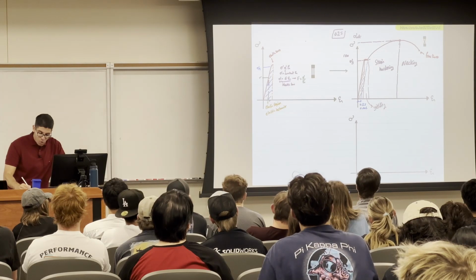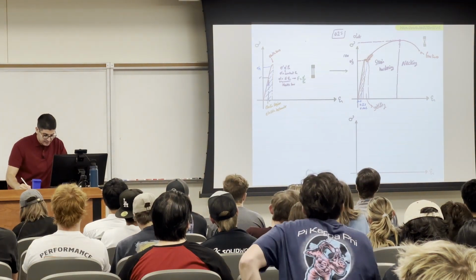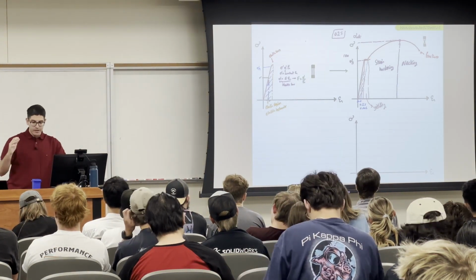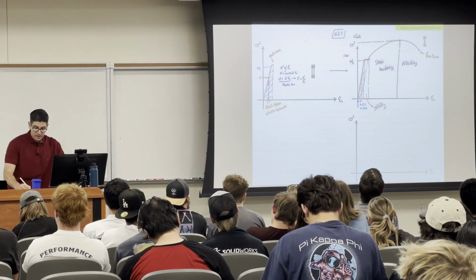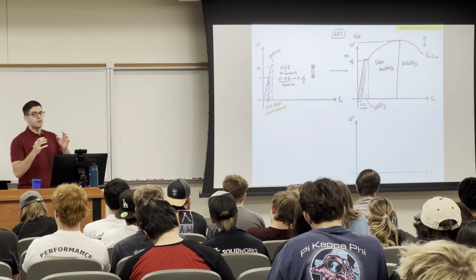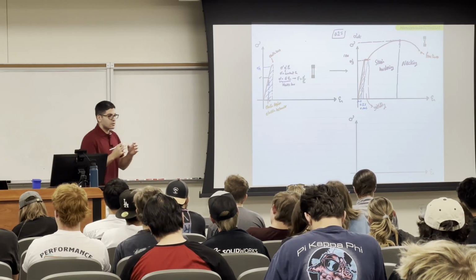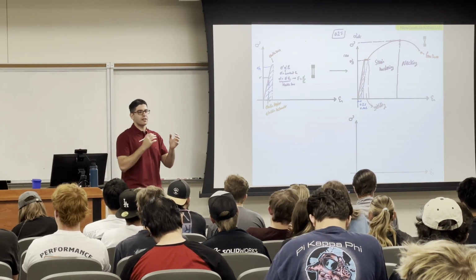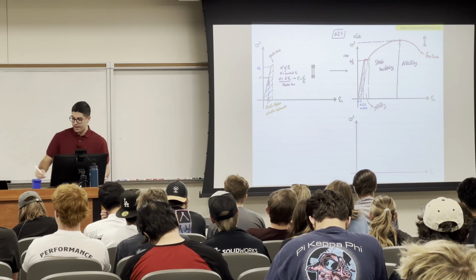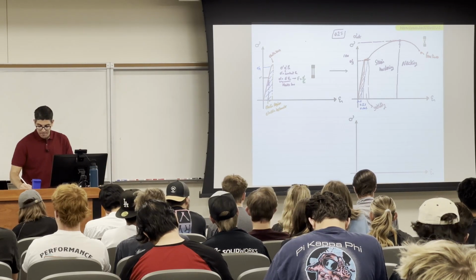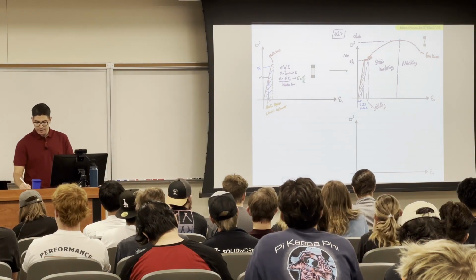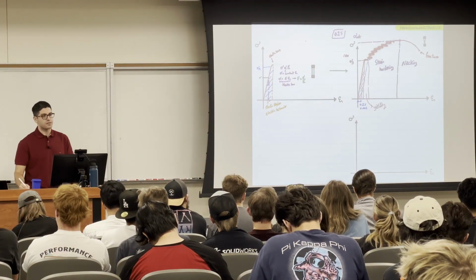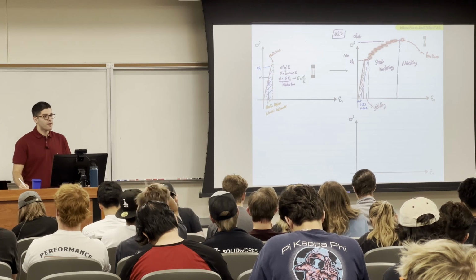What happens more in the strain hardening is a rearrangement at the atomic level that makes the material harder and able to resist more stress. As you can see here, after the yield, the material is actually resisting more stress, until the ultimate.